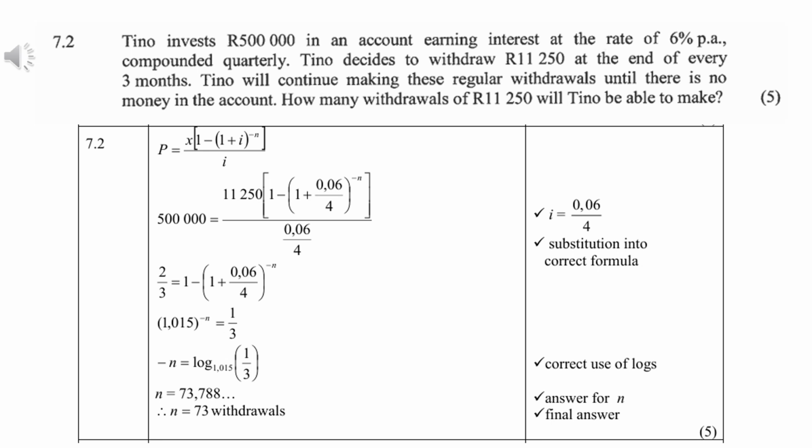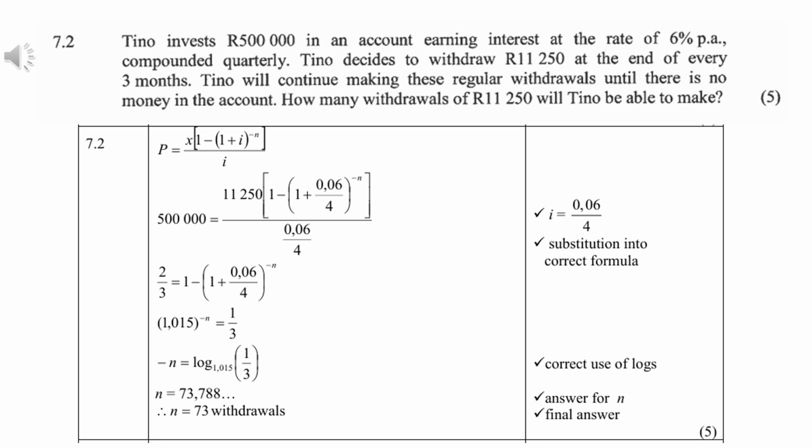How many withdrawals of 11,250 will Tino be able to make? This sounds very much like a present value formula. So P is the 500,000 on the left hand side, and they want to know how many withdrawals. We want n, in other words.